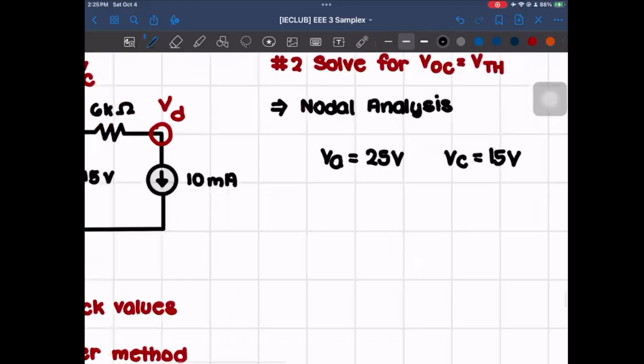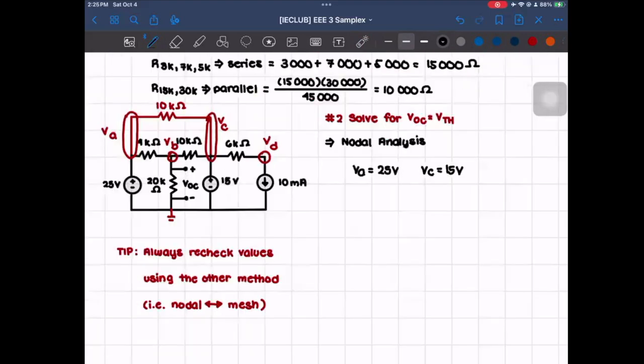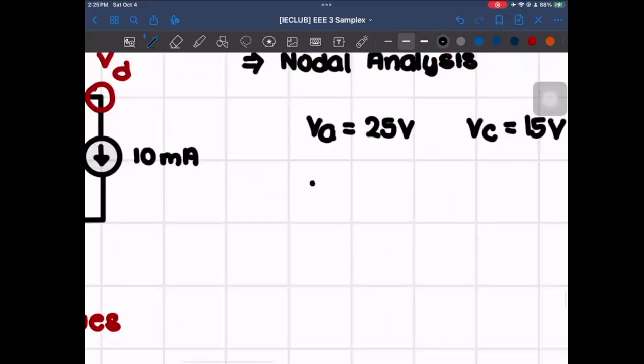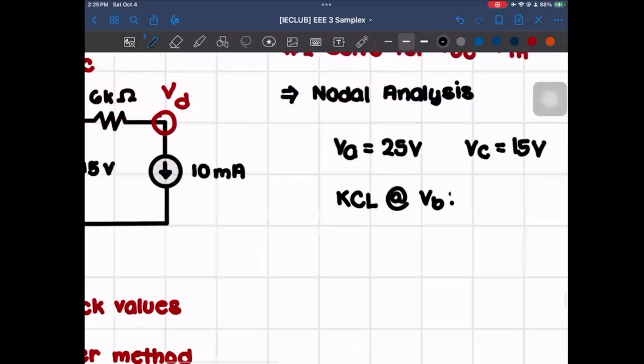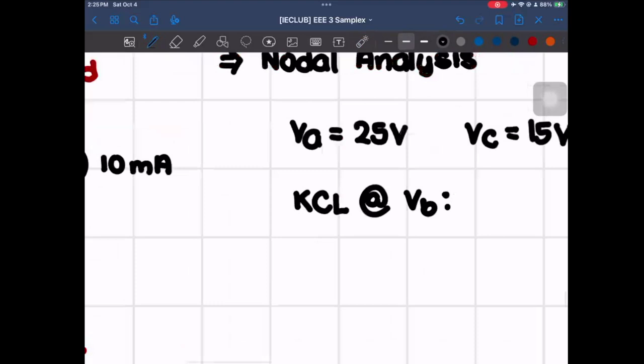And then now that we know that, we could now start determining the unknown variables by making KCL equations. So the KCL at VB will be as follows. So for VB, it's over here.